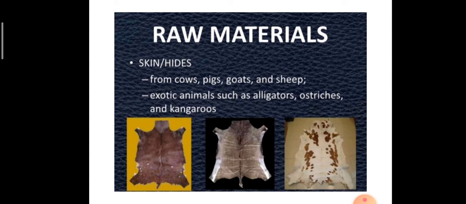After the finishing from the various processes, this is the last stage: after preliminary treatment, drum treatment, then the tanning process, then dyeing and finishing. This is the last stage, starting from raw to finishing stage.